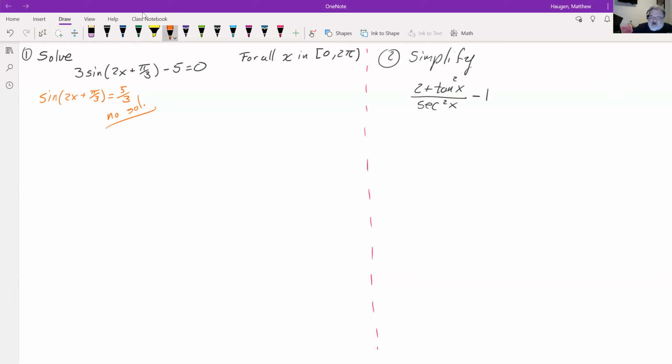Similarly, sometimes on sections on inverses, you'll see problems like, what is the cosine inverse of 5/3? And there's just no answer. The cosine inverse of 5/3 does not exist. So sometimes you'll see that happen, and it's good to be prepared for that.